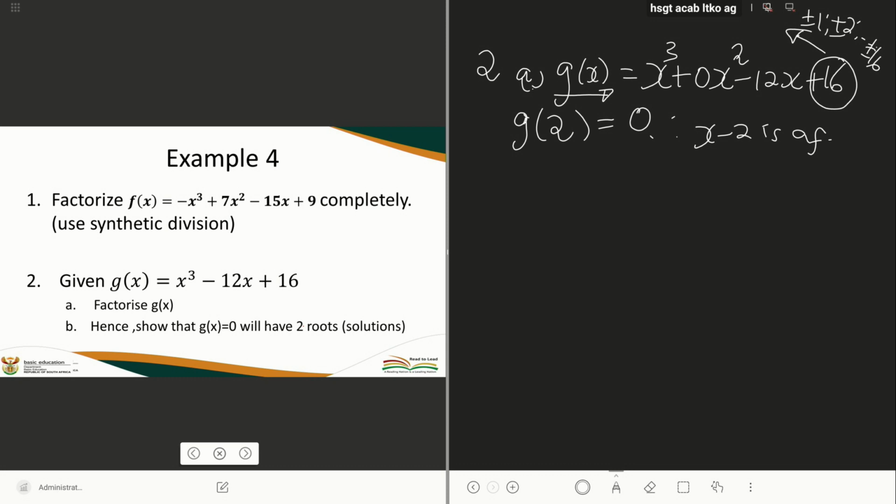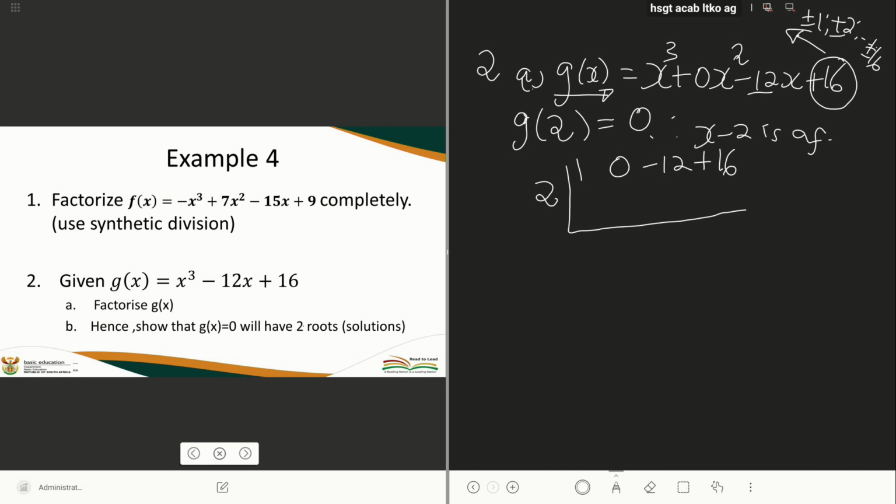Since x minus 2 is a factor, going back to your synthetic division, remember to switch the sign of your factor. The factor is minus 2, so you need to write positive 2 right here. And then you need to write down the coefficients of the function. The first coefficient here is 1, then you have 0, then you also have to write negative 12, and positive 16.